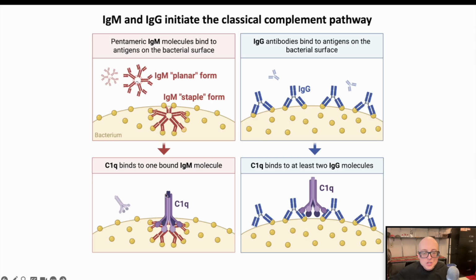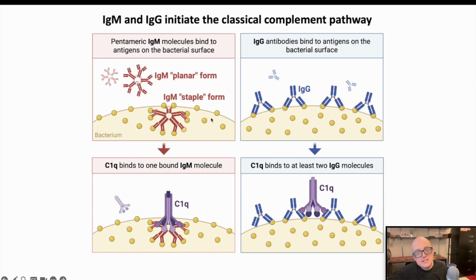When C1q binds to antibody, that links it to the pathogen, but that also induces a conformational change, which activates the protease domains of C1, which are C1r and C1s. That allows them to cleave C4 and C2, as we've seen before, and that initiates the classical complement cascade, which can unlock the effector mechanisms of that pathway.